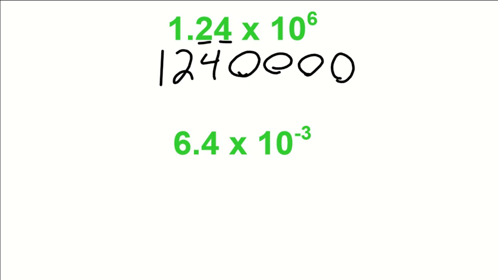That means we're going to need 4 digits more, so I need to add in 4 zeros. The decimal needs to come out. We can add in the commas as well. So we got 1,240,000 right there.